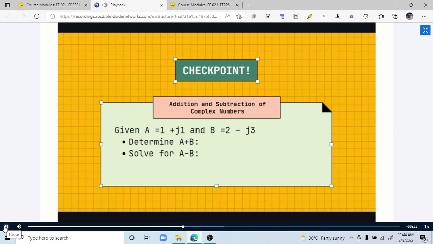So that is 1 plus j1, or 1i, plus your 2 minus j3. So what would be the answer on A plus B?